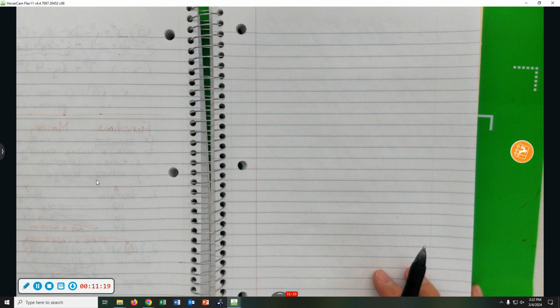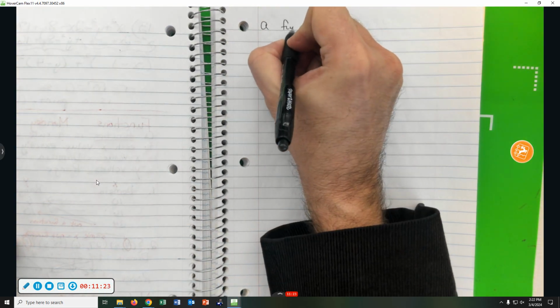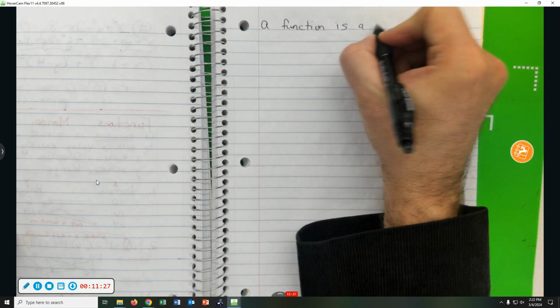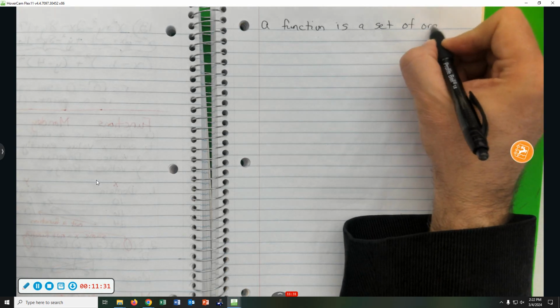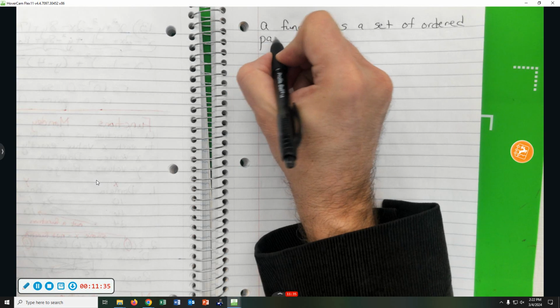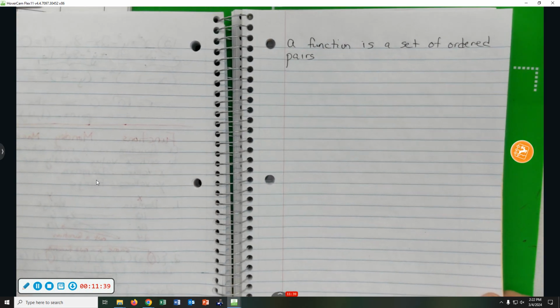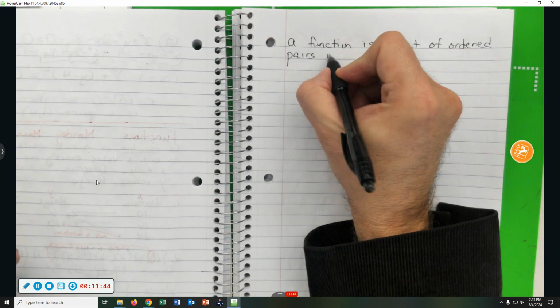Here, a function is a set of ordered pairs in which no x coordinates are repeated.